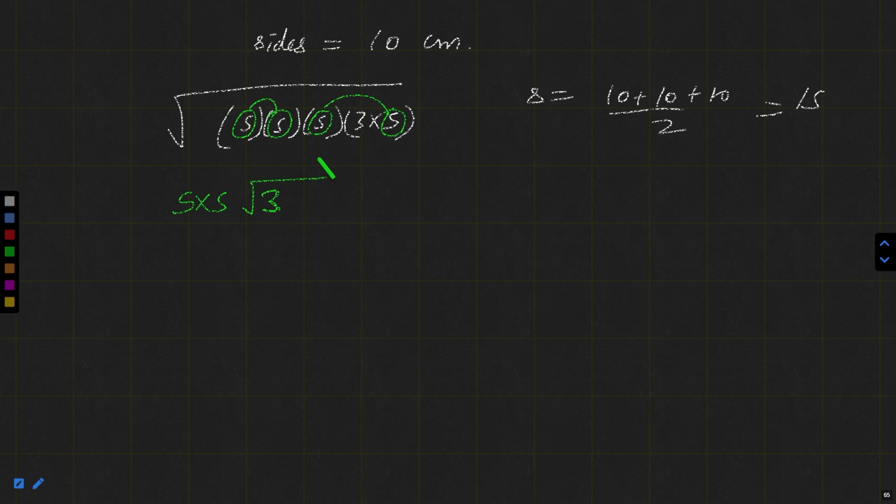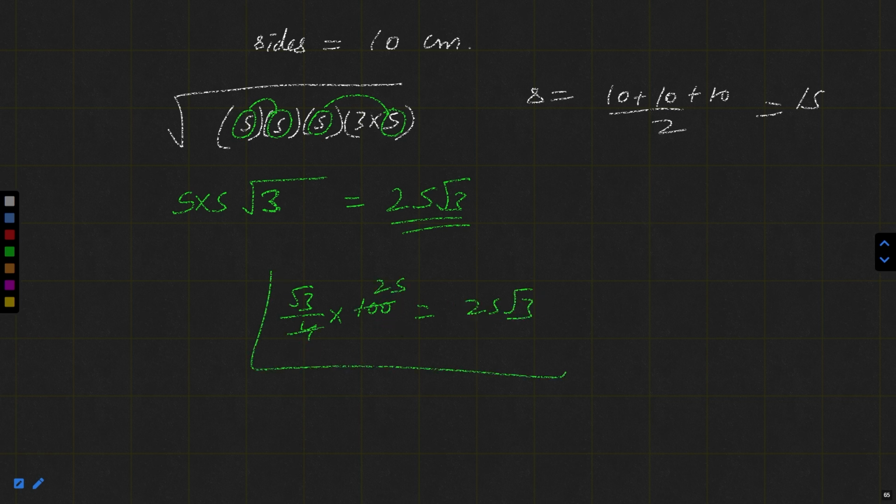So what I'll be left with is 25 root 3. If you remember the formula, which is root 3 by 4 times side square, that is 100, and 100 divided by 4 is 25, so 25 root 3. So either you remember the formula or use the long way.